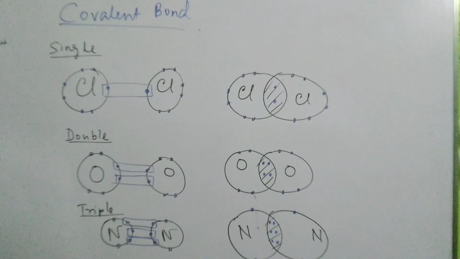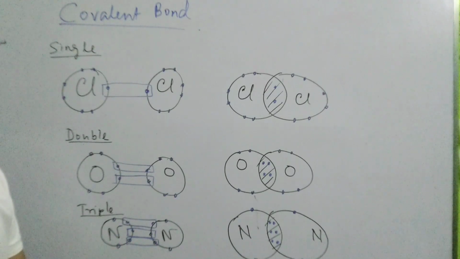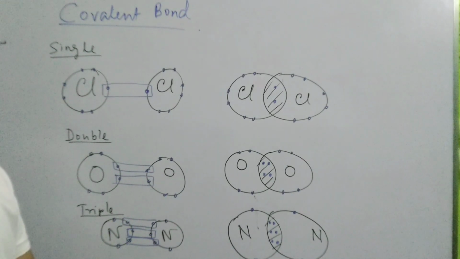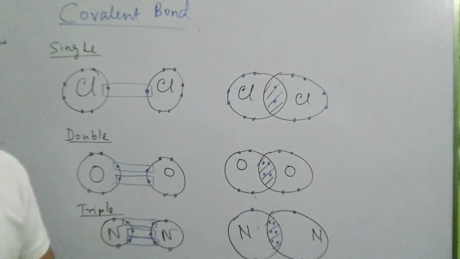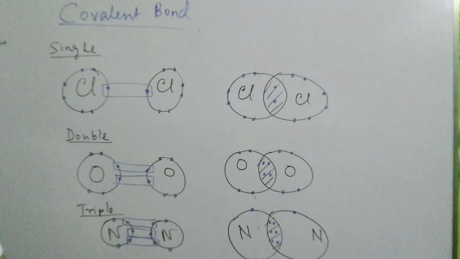We will be discussing some more structures like this for electrovalent bond and covalent bond, and then we will be moving on to the coordinate bond. In the next class I will be discussing some more bonding structures. We will be taking up some compounds like ammonia, methane molecule, then calcium oxide. These compounds will be taken up, and their structures will be discussed.